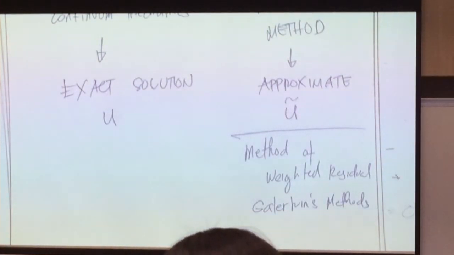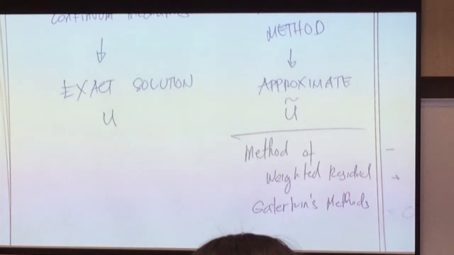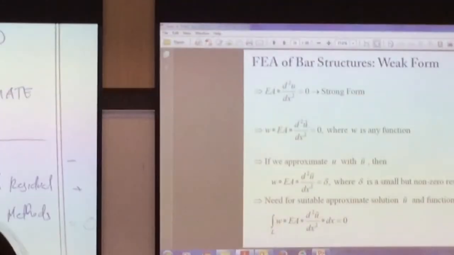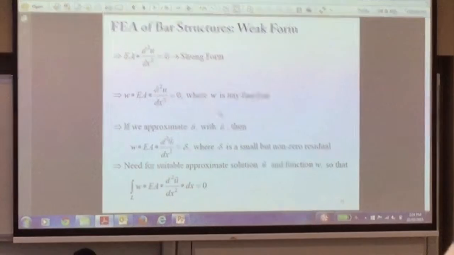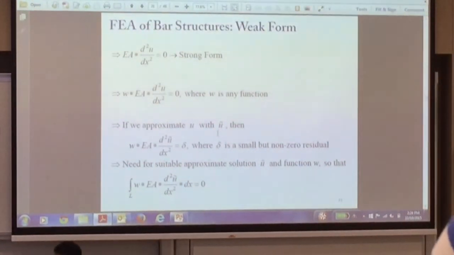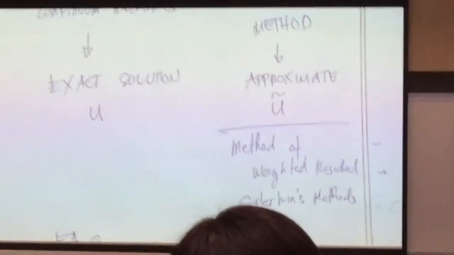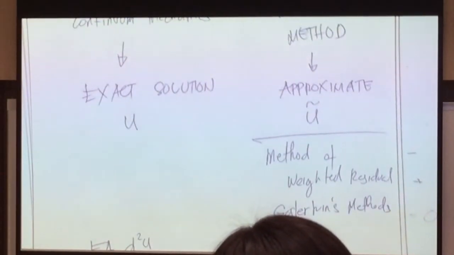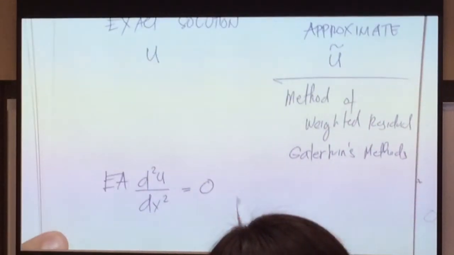As you can see here in the slide, what we're going to do is, instead of using u here, we're going to use an approximate value. So have a look. Initially we have EA, second derivative of that displacement u with respect to x, is equal to 0. This one is the exact.